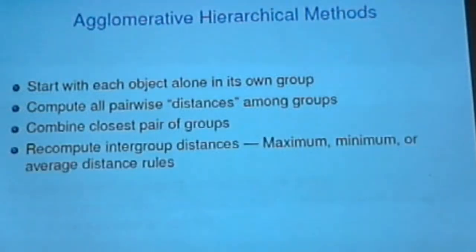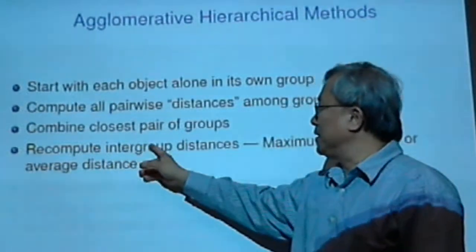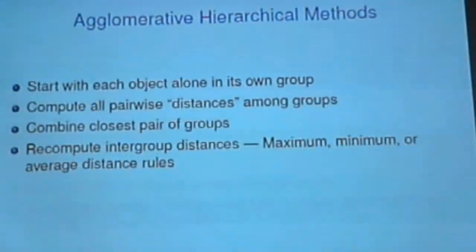We then compute intergroup distances after this regrouping. The maximum, minimum, or average distance is the rule. In clustering terminology, the way to compute this intergroup distance is called a linkage method.